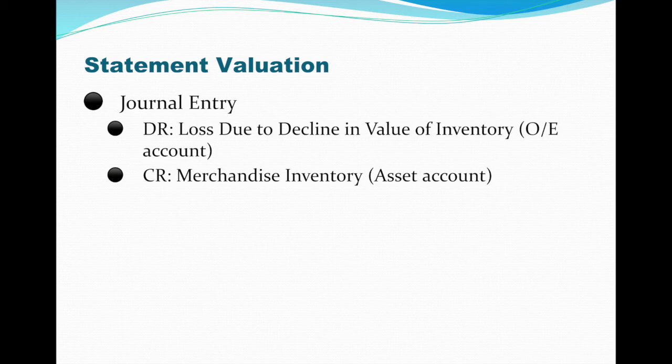And the corresponding credit is to merchandise inventory, which, as you know, is an asset account. So whenever you use LCM, there will be a decrease in the value of the inventory. And so we debit an owner's equity account and credit an asset account to represent that loss.